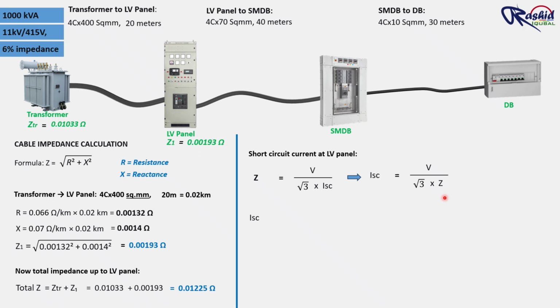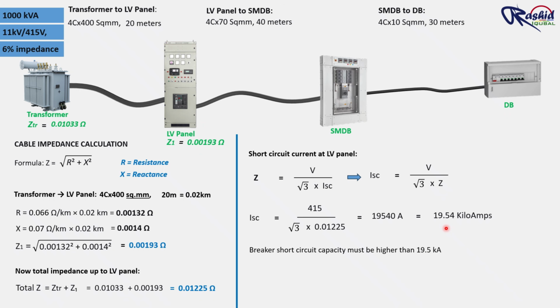Substituting the value into the formula, 415 by square root of 3 multiplied by 0.01225. This is the impedance up to LV panel. This gives approximately 19540 amp, which is equal to 19.54 kilo amp. So this is the total short circuit current at LV panel side, 19.5 kilo amp.